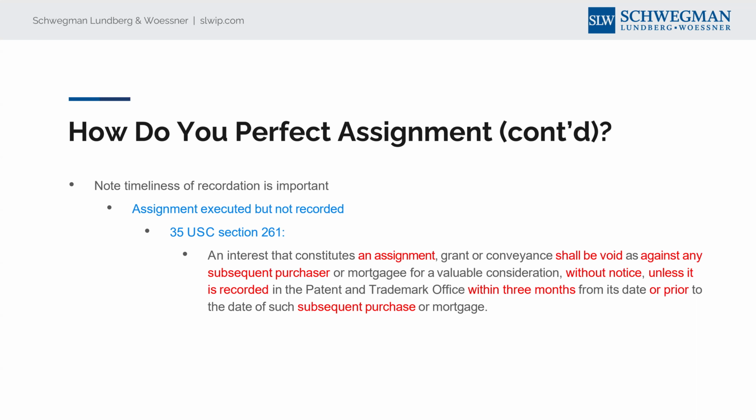I agree. It seems like the assignment just sits there and does nothing. It doesn't need to be corrected because it's not doing anything. So I think the answer is a new assignment is not needed, but the inventorship should be corrected.